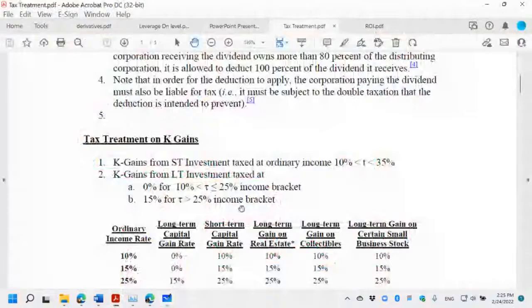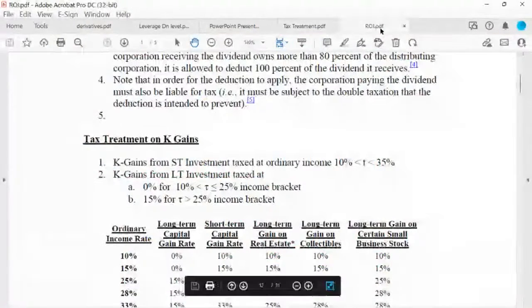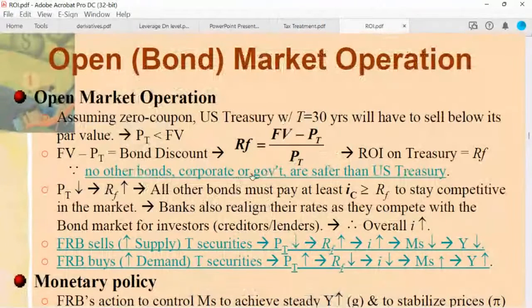So if you understand the mechanism, then you understand why interest rate on your savings is risk-free. It's very safe, not only because the rate is very low, but also because all your deposits in the banks are insured, secured by FDIC.